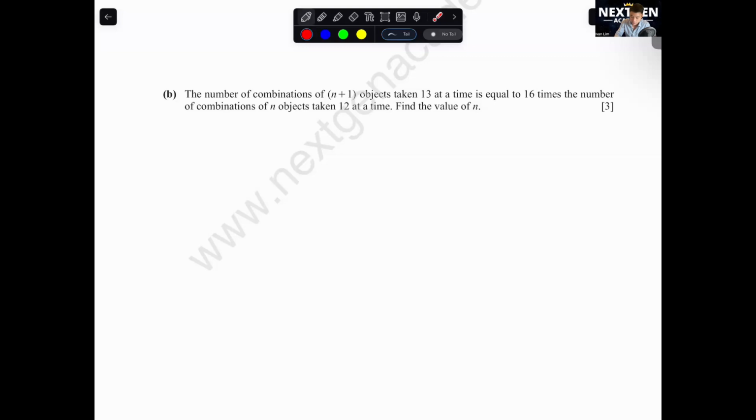Let's convert this statement into an equation first. This is a combination. So n plus 1 C 13 is equal to 16 times n C 12. Okay, remember when we want to solve for questions that have unknown n, we need to use a formula. Okay, what is the formula?